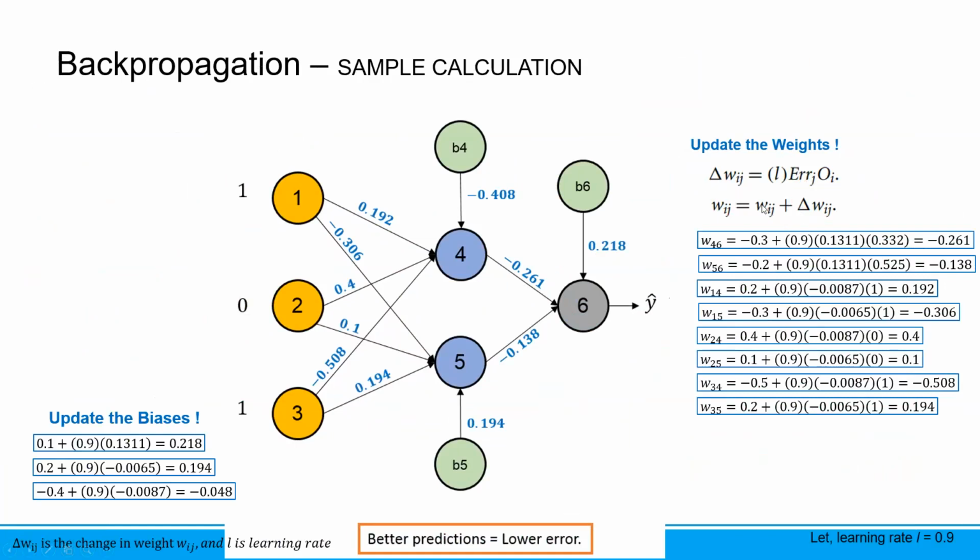So if we want to update the weight W for unit 6, what is it? Minus 0.3. How can we get this one?